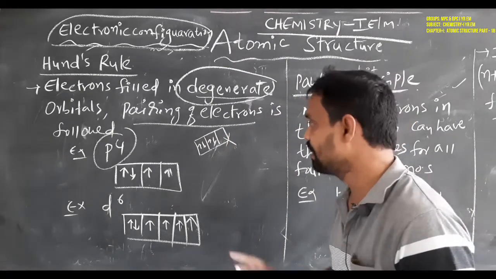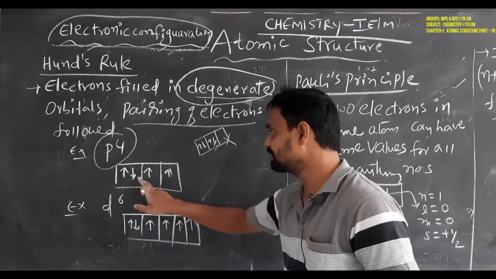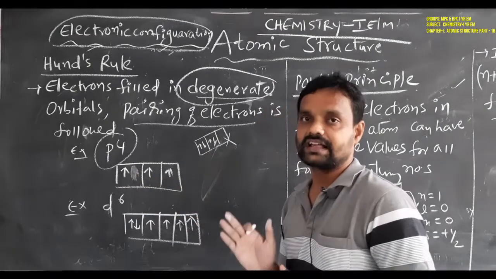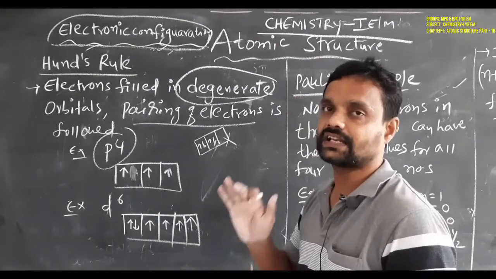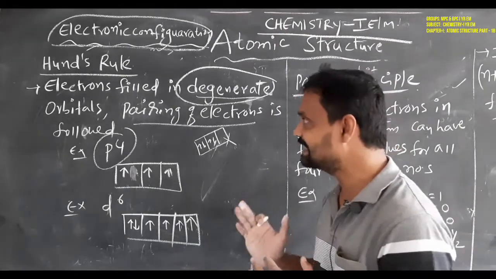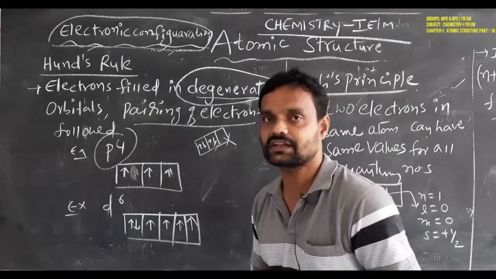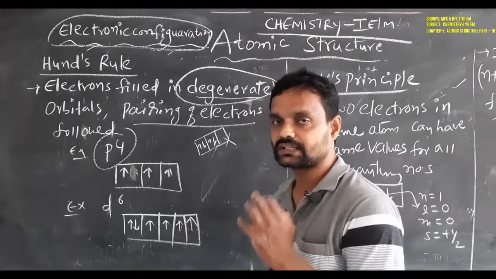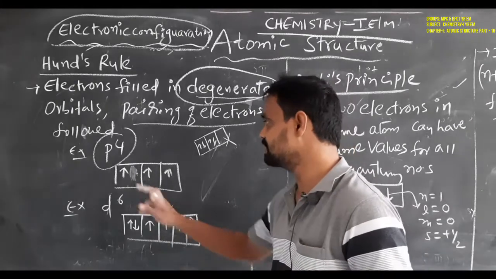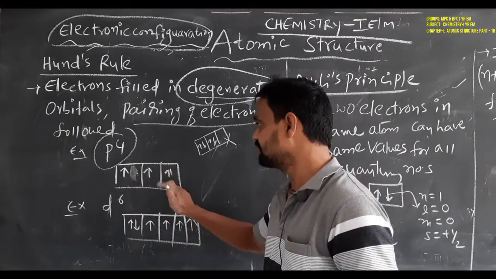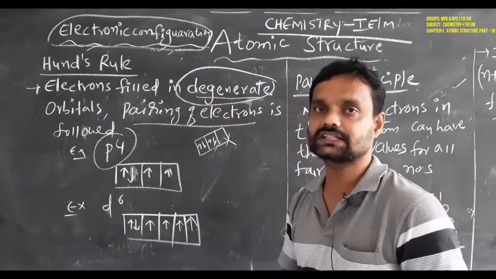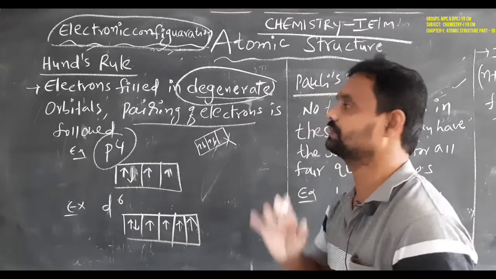According to Hund's rule, first we fill the 3 orbitals with a single electron each, then pairing of electrons is possible. So for 4 electrons in the p orbital, 1, 2, 3, then the 4th electron starts the pairing. This is Hund's rule.